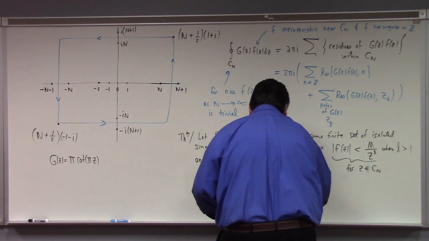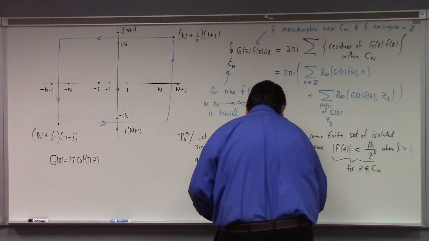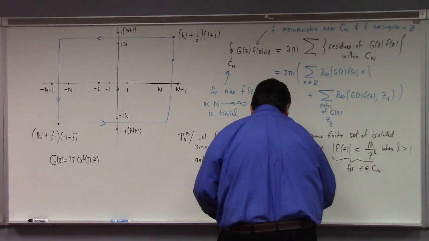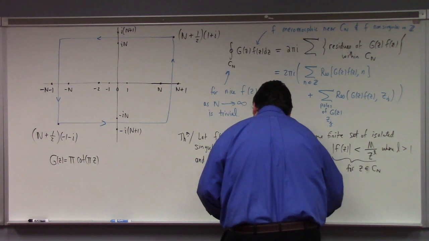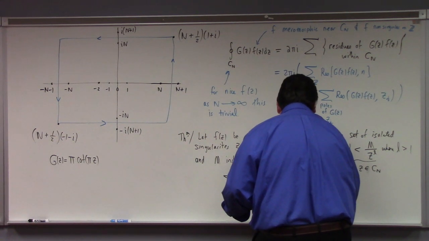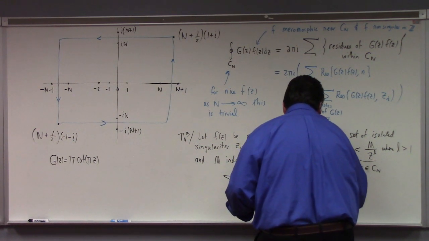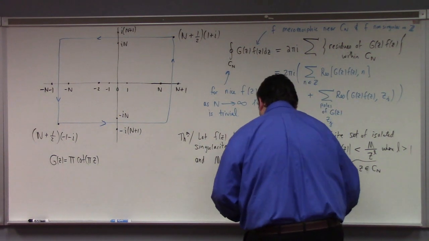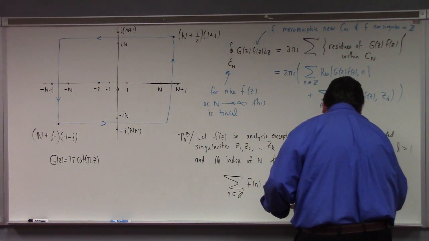Well, it's minus, let me say, the sum i equals 1 to k of the residue of pi cotangent pi z f of z, comma, z sub i, all right?